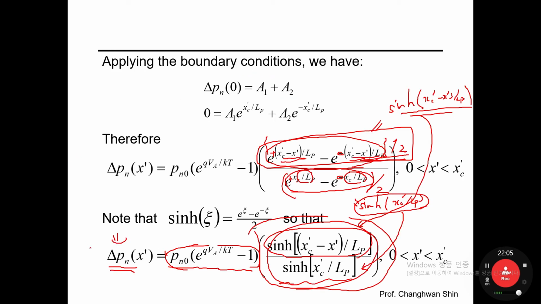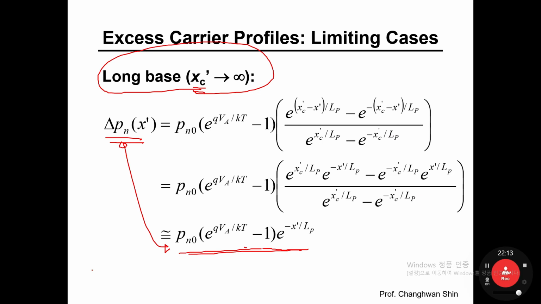The equation that we have derived here is still valid and still available for explaining the ideal diode. For that purpose, instead of xc prime, you can plug in the infinity value.